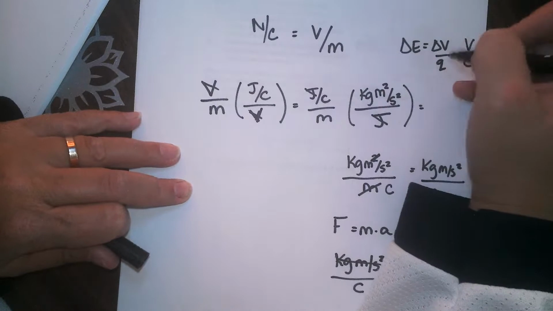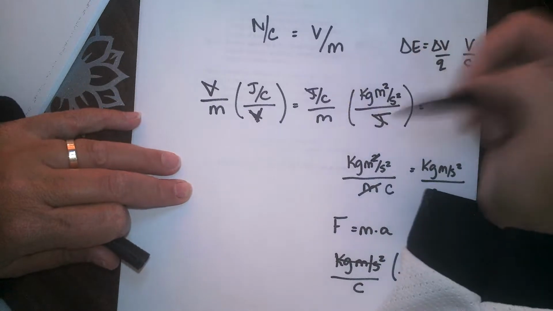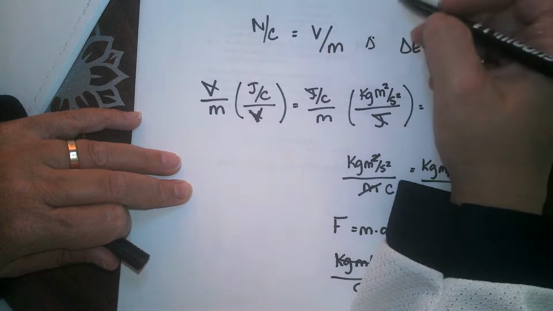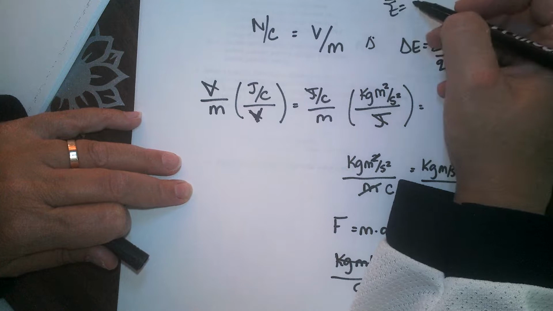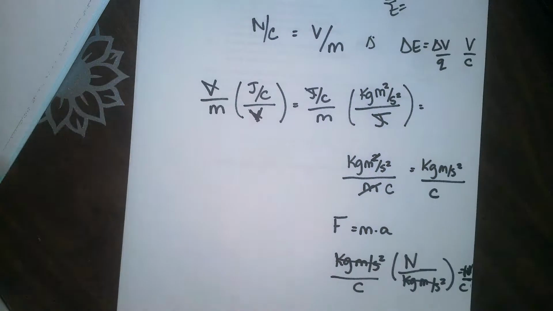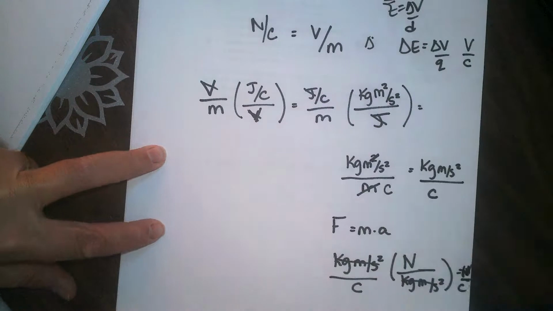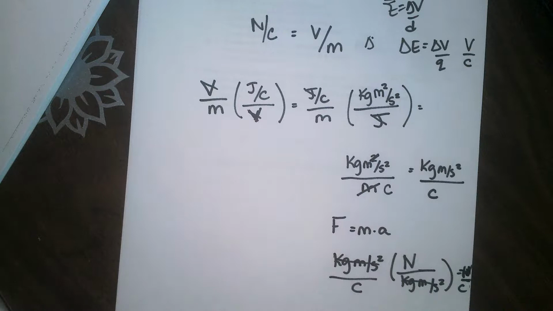If I was to solve for this, and then a joule per coulomb, you end up over distance, delta E is equal to, I don't have my data booklet, delta V over d. So it's just taking the formulas, and as you flip through it, you cancel out units.